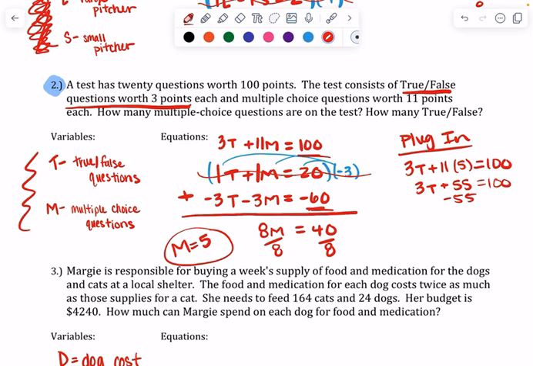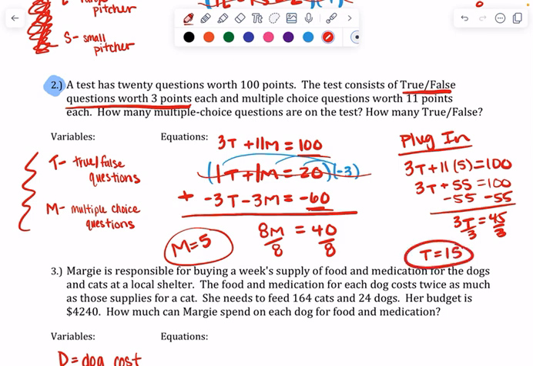Subtract your 55. 3t equals 45. Divided by 3. I definitely picked the harder equation, but that's okay. 45 divided by 3, 15.